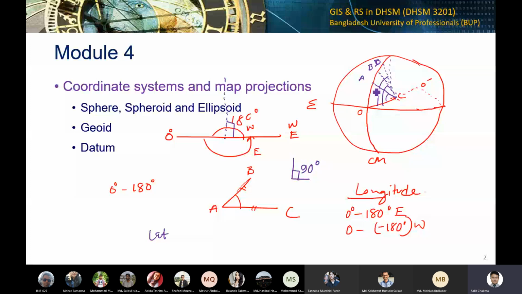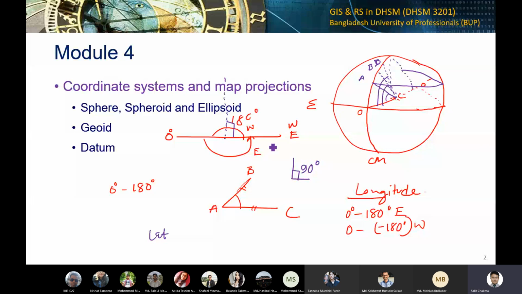I said that this can be along the central meridian, and this could be along any meridian, right? So for example, we have another meridian from the other side of Earth. This angle will be having the effect on the other meridian as well.